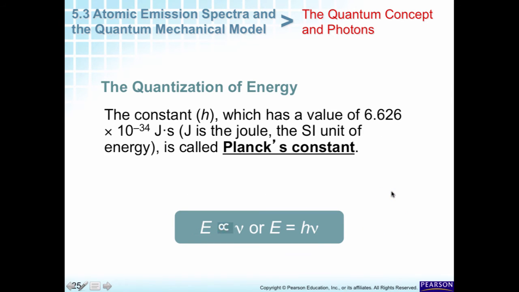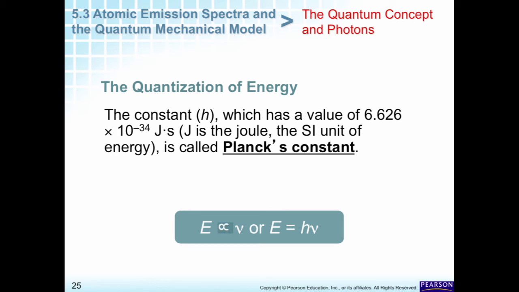And this Planck's constant has a value of 6.626 times 10 to the minus 34 joules times second. Joule is a unit of energy. The reason it has a second is because if you multiply that by a frequency, the seconds will cancel out.